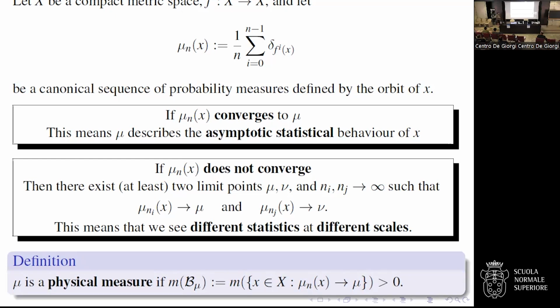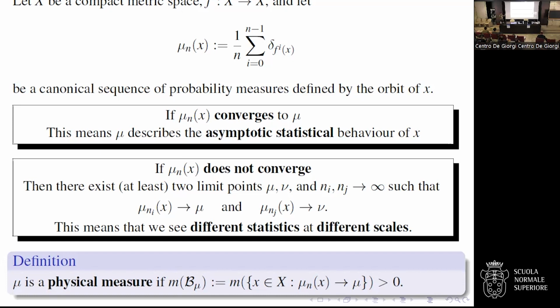So a standard definition is that mu is a physical measure if there is a set of points of positive Lebesgue measure which converges to mu. So in other words, if you have mu_n of x converging to mu, you can ask, is it just that initial condition?